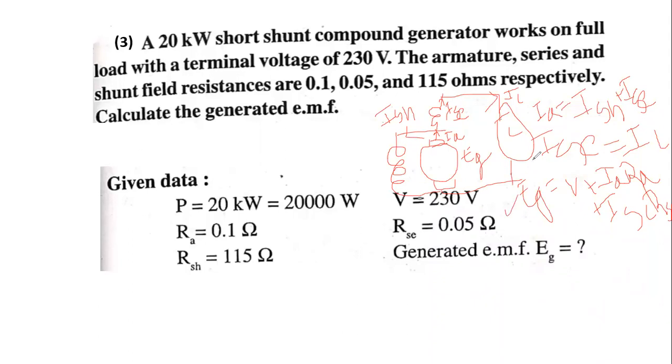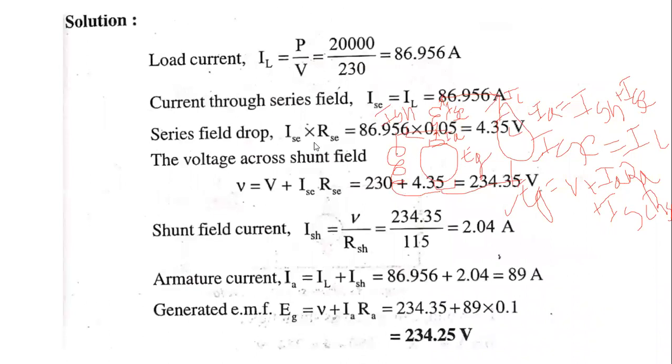This is the voltage equation and these are the current equations. By using these equations, we calculate the generated EMF. Understand? Before writing the given data, we draw the circuit diagram for that type of generator and note down the current and voltage equations. After that, we write down the given data and which term we will find out. Therefore EG will be found in this question, that is the generated EMF.